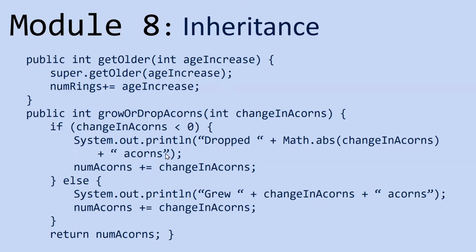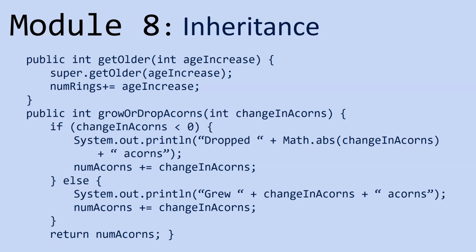And then numAcorns adds the changeInAcorns. And it's just a negative number, so adding a negative number is the same as subtracting a positive number, but yeah, we're just decreasing the number of acorns. And so in this else, well, it was a positive number or at least zero. You could maybe add an else if so that if changeInAcorns was equal to zero, it just says didn't grow any acorns or something like that.